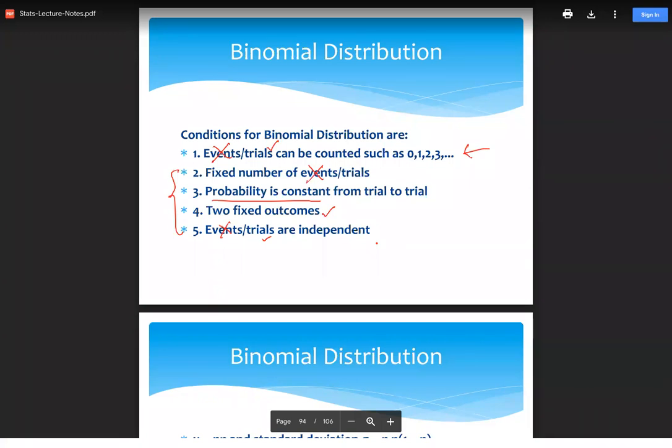Now, from my experience, I found that the best way to remember all these features of binomial distribution is to actually do a problem. So I'm going to do a problem right now. It's an example. And if you remember that easy example, it will be very easy for you to remember binomial distribution and get a very good understanding of what binomial distribution means, okay?